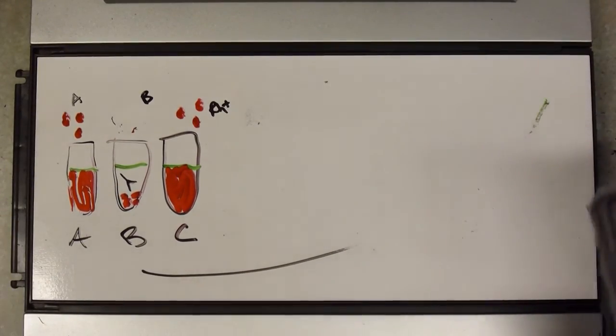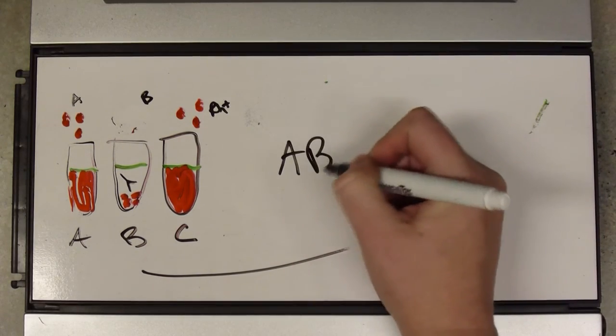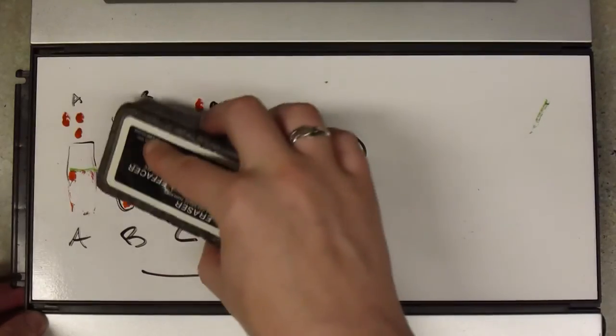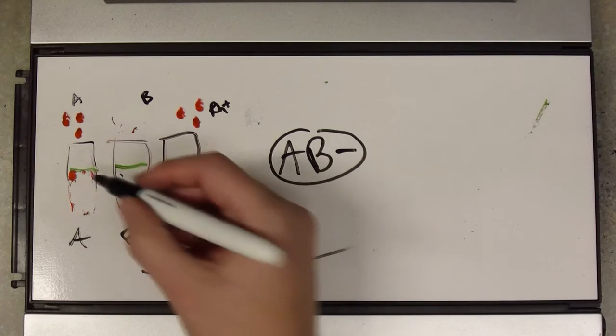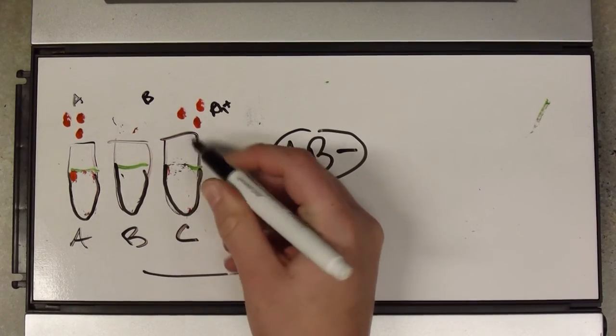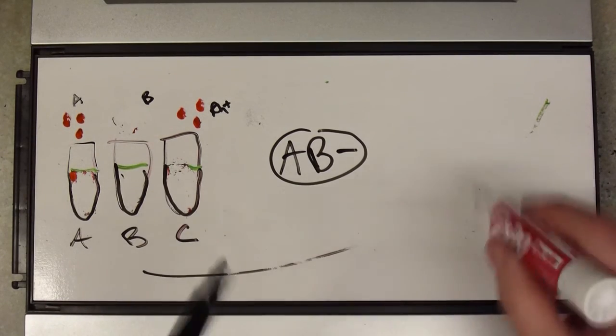So let's look at the example of somebody who is AB negative. Well, in this case, the person expresses A and B on their blood cells. So in their plasma, they are not going to have either anti-A or anti-B antibodies.